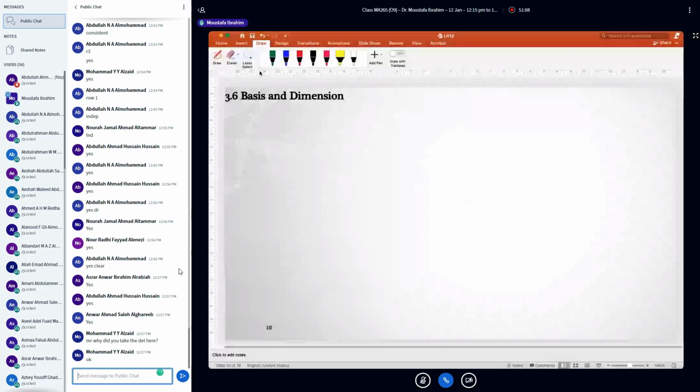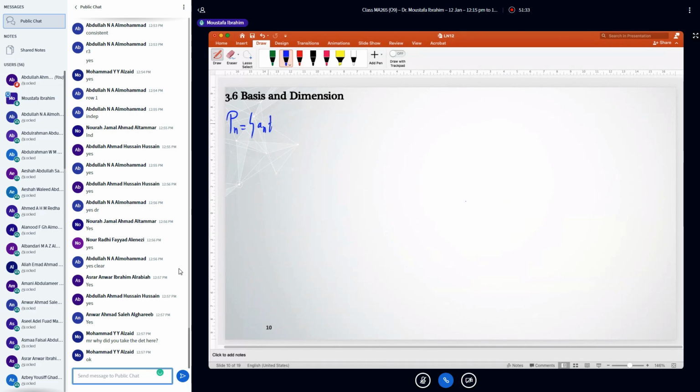Now, guys, we have seen the standard basis for Rn, right? Now let's see the standard basis for Pn. So first of all, who knows what Pn is? It's the set of what?